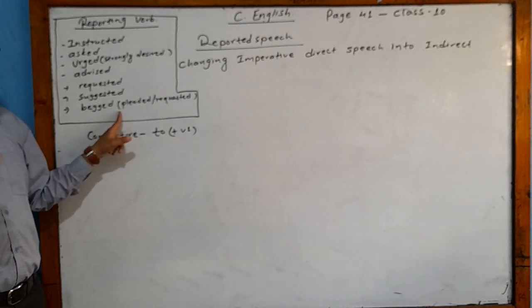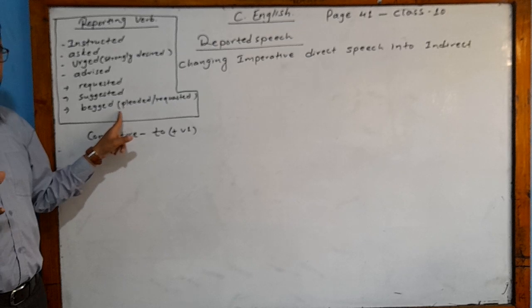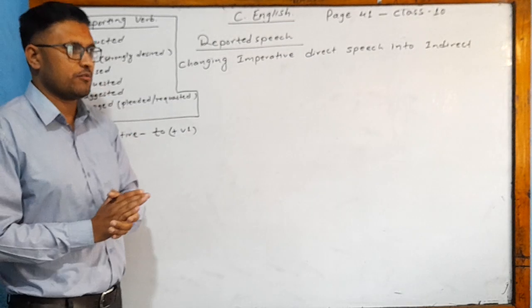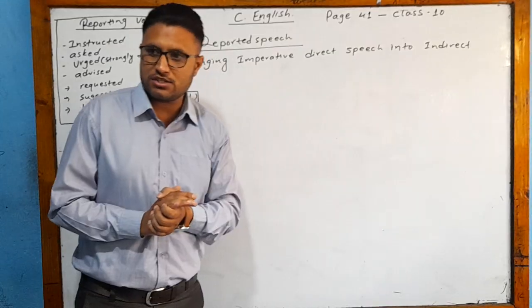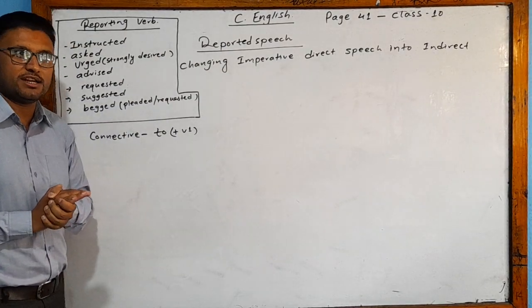Instead of said or said to, what I have to say is instructed, asked, urged, advised, requested, suggested, begged. Okay? These are some of the reporting verbs appropriate to use while changing direct speech into indirect speech.